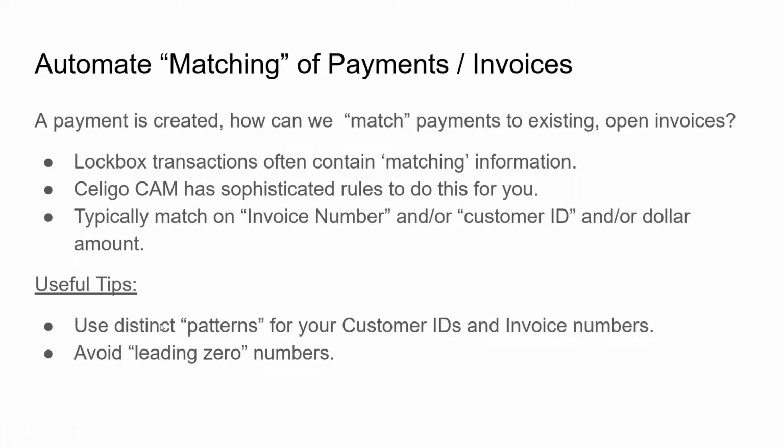So in your NetSuite system, you should in plain English be able to clearly differentiate: this is what an invoice number looks like and this is what a customer ID looks like. If you can do that, the automation through Celigo will be really good for you.